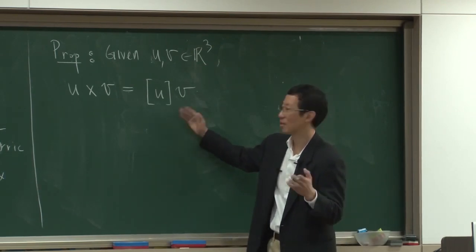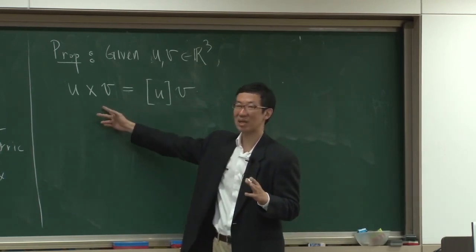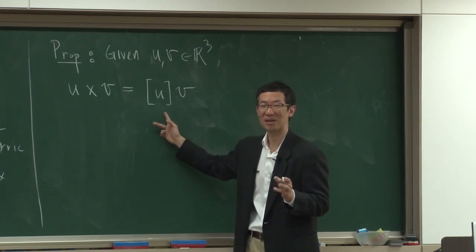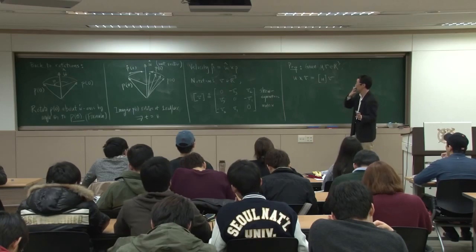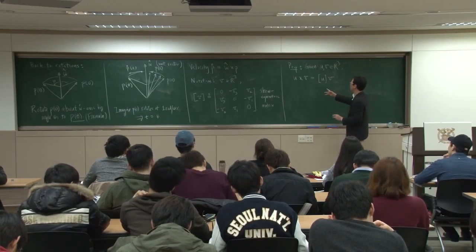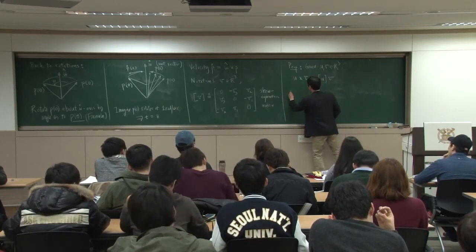So we're going to write cross products in this strange way. You say, what's the point? Well, let me get to that in 1 second. I'm going to write one more formula here.